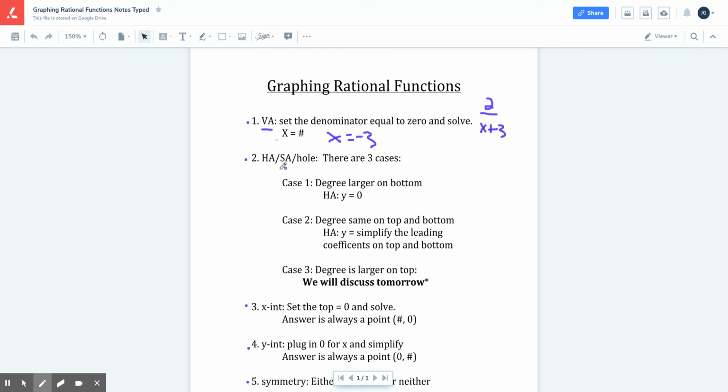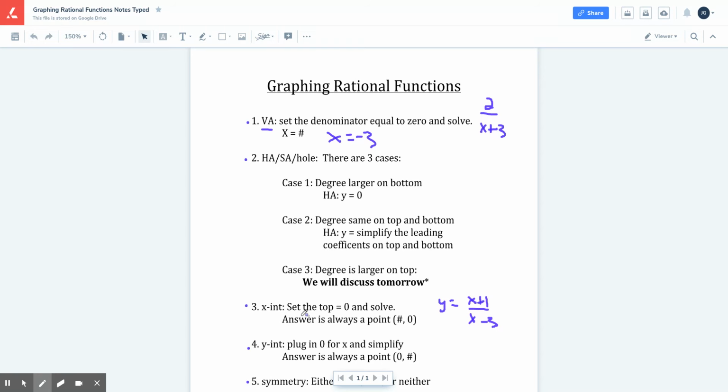Then I'm going to skip this for 1 second and drop down to 3, which is an x-intercept. To get the x-intercept, you're going to set the top equal to 0 and solve. So for example, if I had y equals x plus 1 over x minus 3, you would set x plus 1 equal to 0.